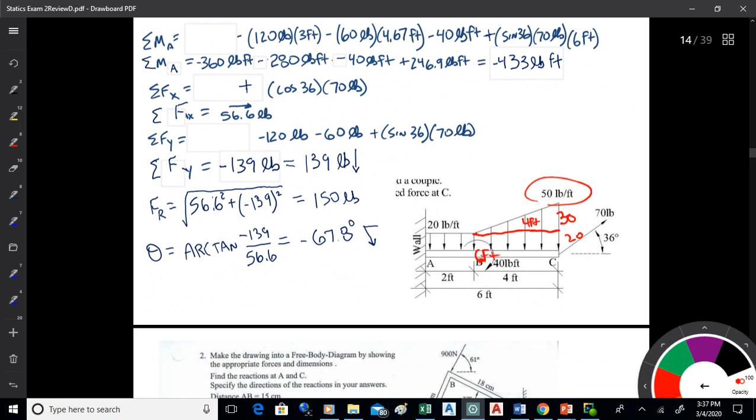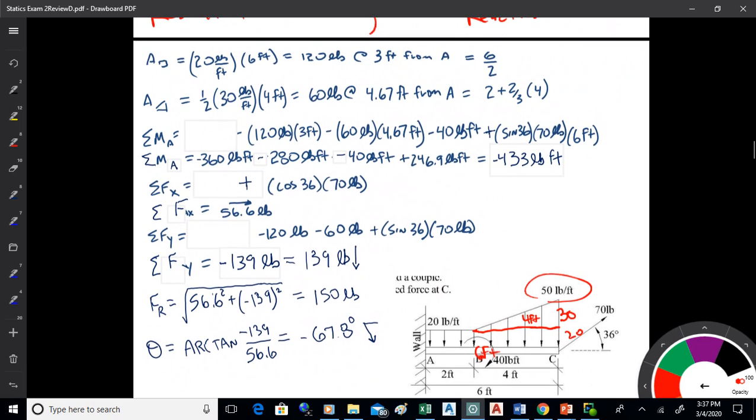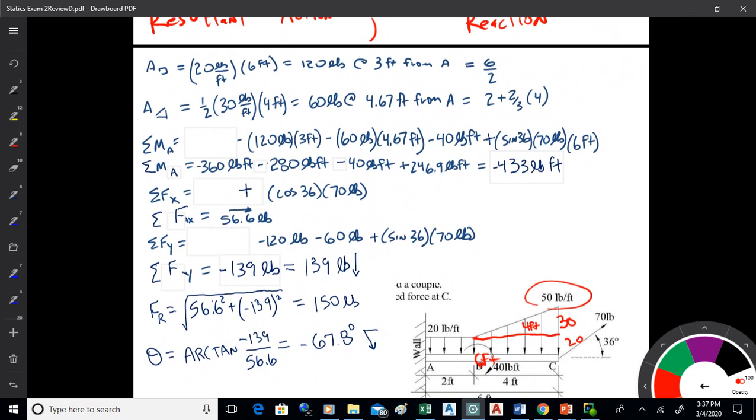Then I'm going to find the areas of those things. The first thing I do is find the area of the rectangle. 20 pounds per foot is the height, 6 foot span. It's 120 pounds, and that's located 3 feet from A, which is half of the 6. The area of the triangle is 1/2 times the 30 times 4, so that's 60 pounds.